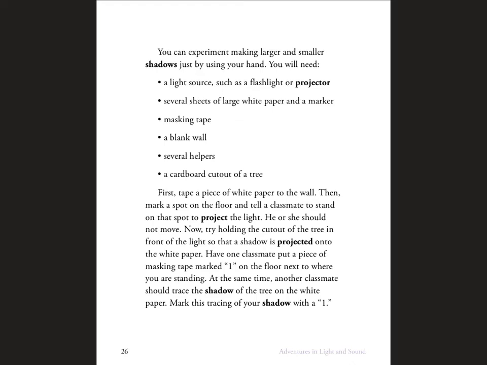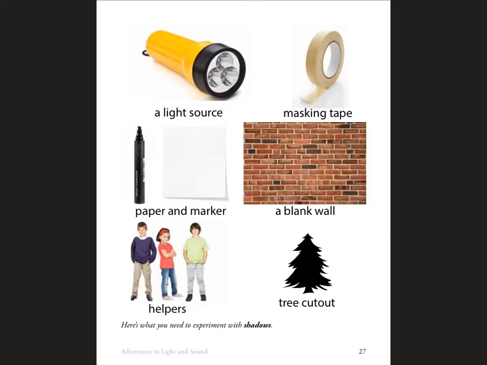Mark this tracing of your shadow with a 1. Here's what you need to experiment with shadows: a light source, masking tape, paper and marker, a blank wall, helpers, a tree cutout.